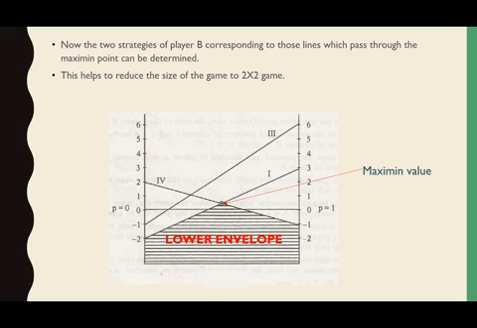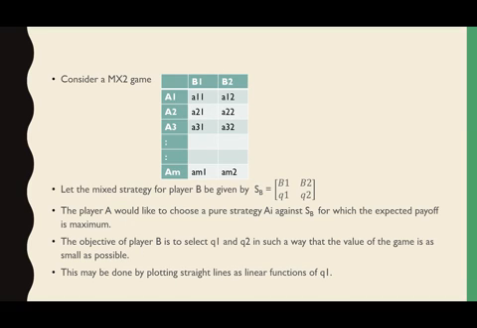Now, we will see the case of an m cross 2 game. That is, we have only two columns but more rows. Okay, I have only two columns, B1 and B2, but I have multiple rows, A1, A2, A3, so on up to Am. In this case, how to solve?